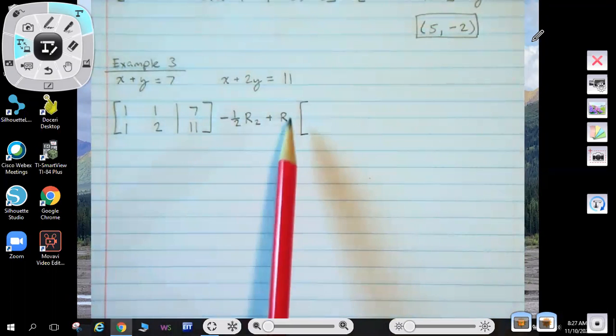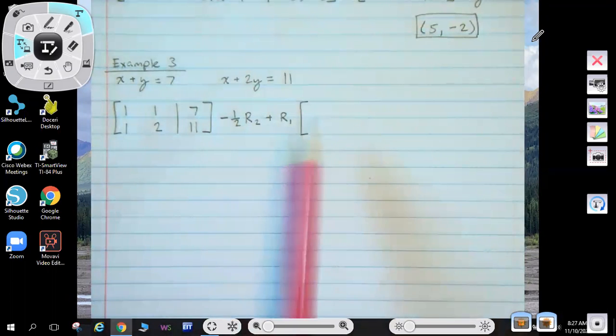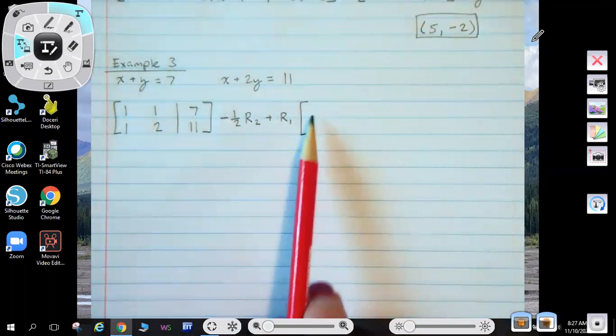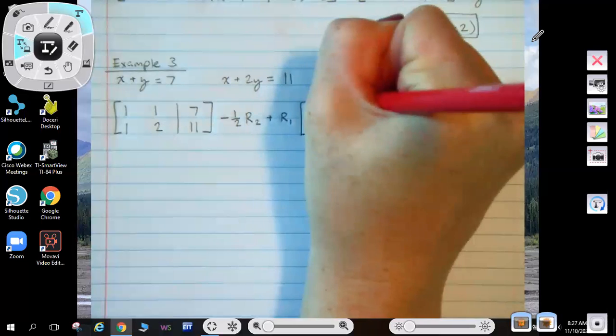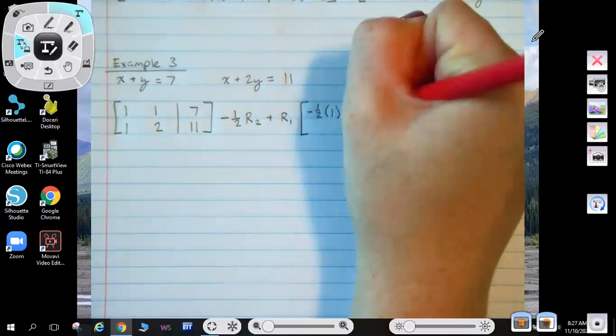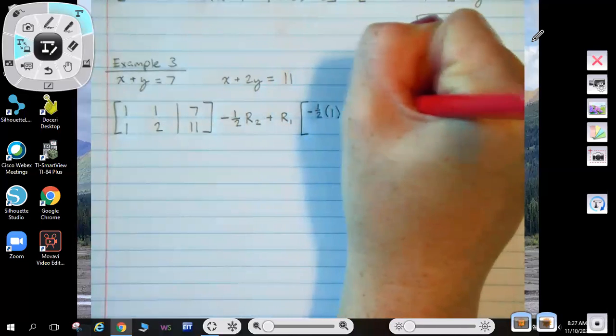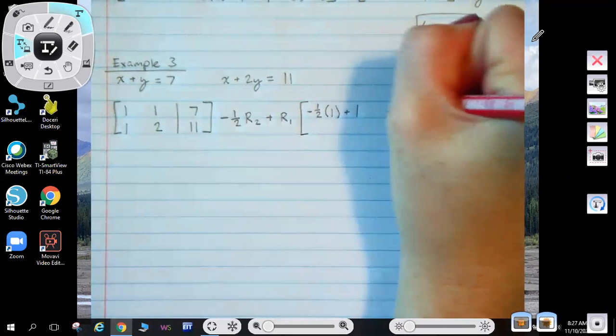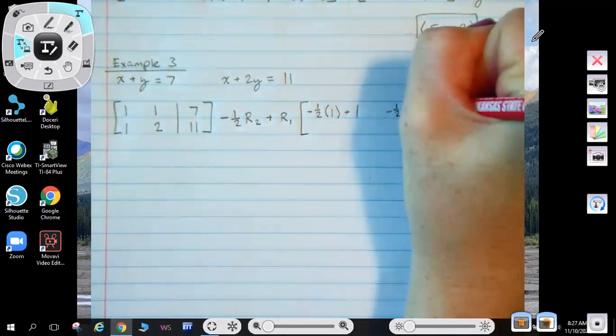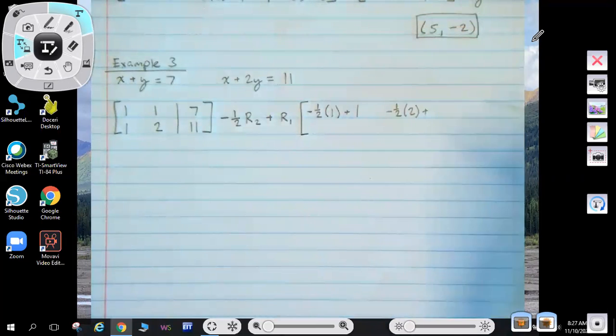Okay, so we're using this as a formula to change the first row. So the first number, -1/2 times row 2, which is 1, plus row 1, which is 1. Second number, -1/2 times row 2, which was 2, plus row 1, which was 1.